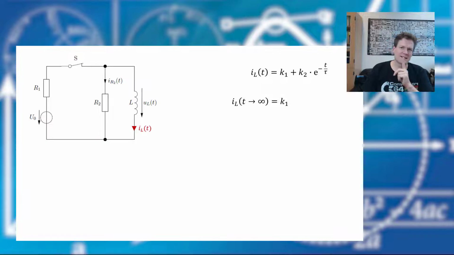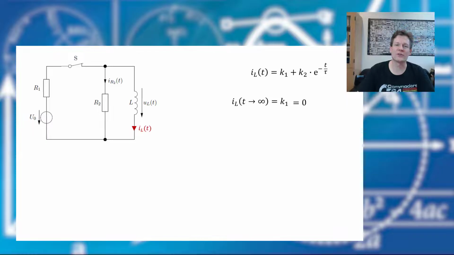Now let's have a look at our circuit. We open the switch and we wait for a very long time. The current will flow out of our inductor, and the energy stored in the inductor will be transformed into heat in the resistor. That means if we wait long enough, the current will go to 0.